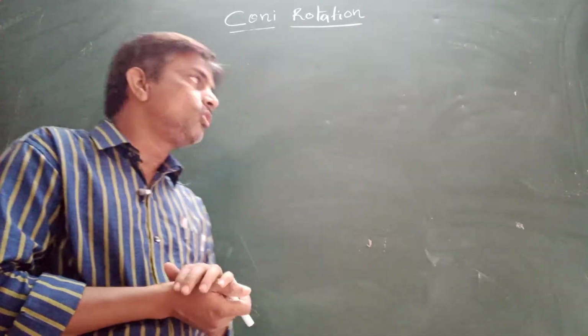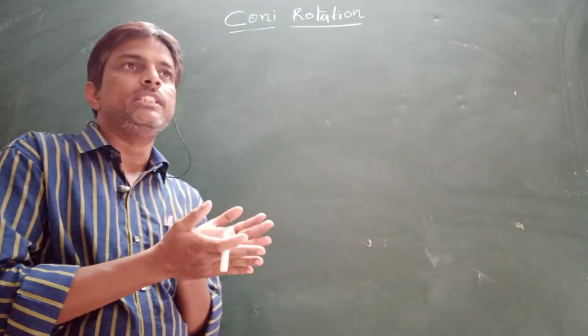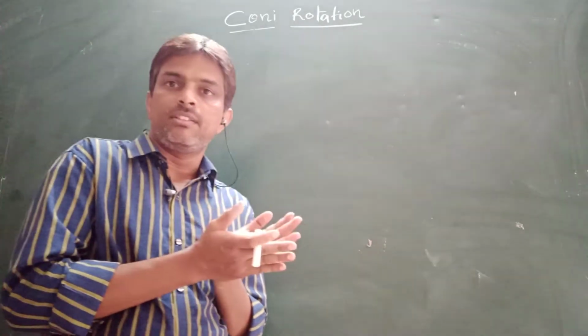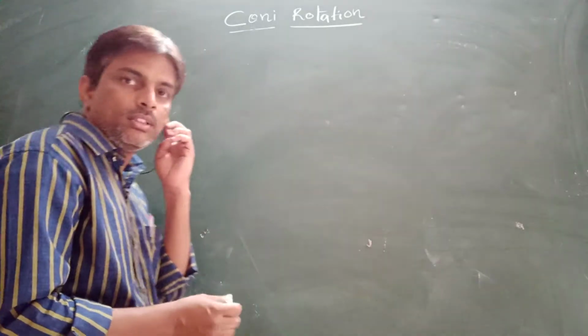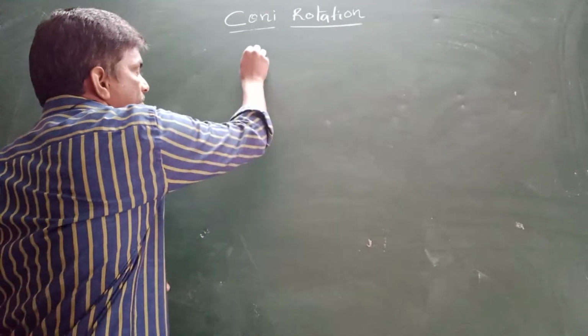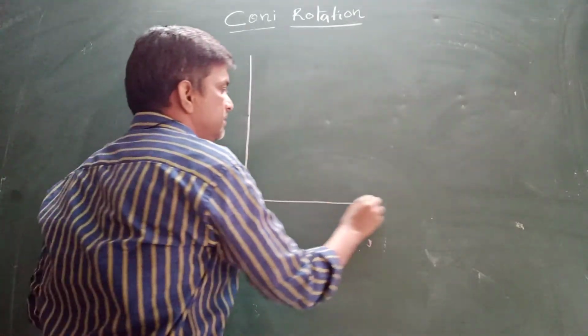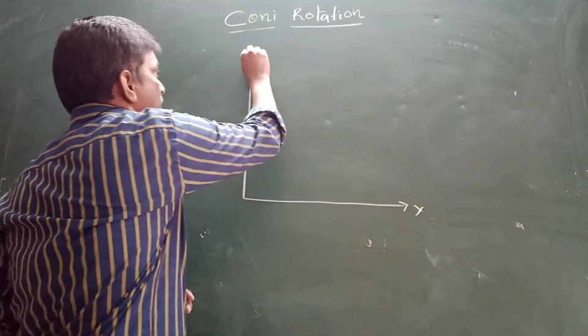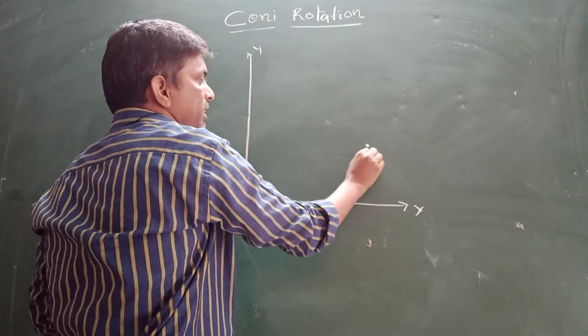Before going to the problems, let me recall the theorem we derived in the last session. Very simple. Here this is the complex plane, this is my imaginary axis, and this is my real axis. Let us suppose I have taken three complex numbers.